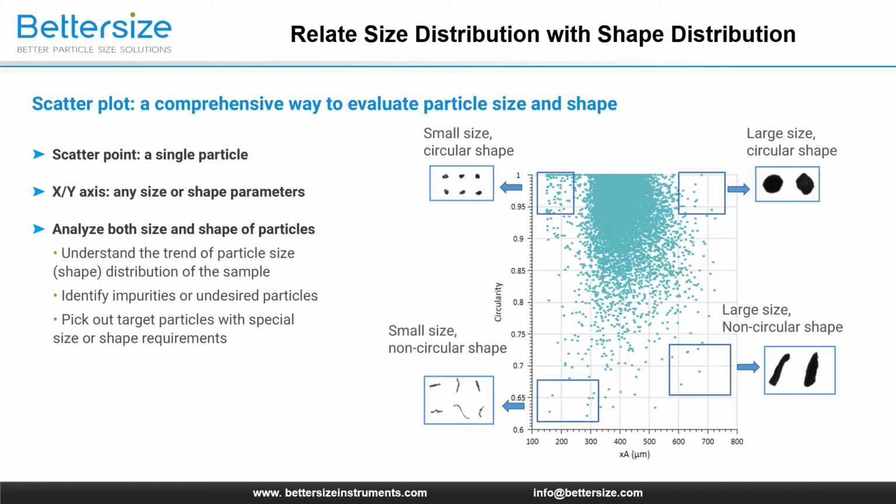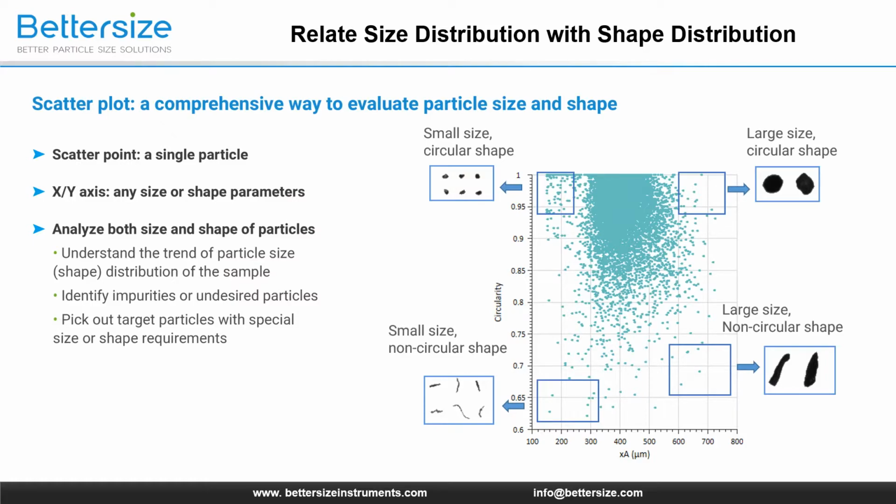On a scatter plot, each point stands for a single particle, and the x and y axes are a size or shape parameter. From the scatter plot, we can easily locate particles with special size or shape characteristics.